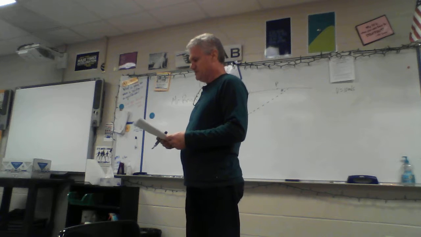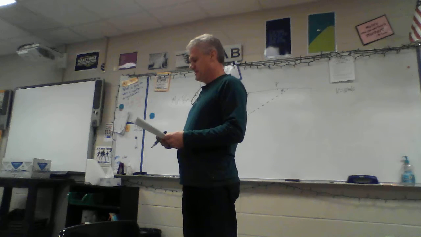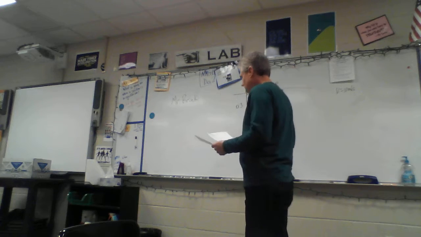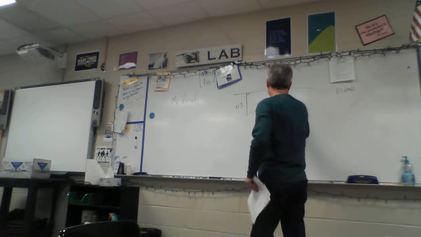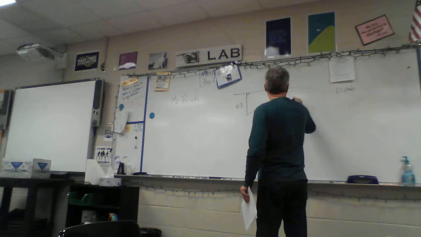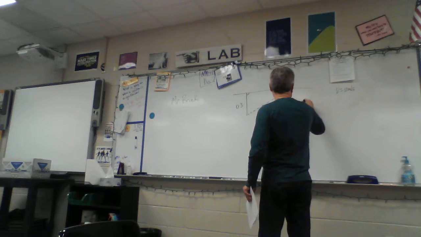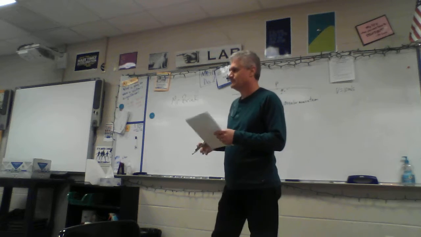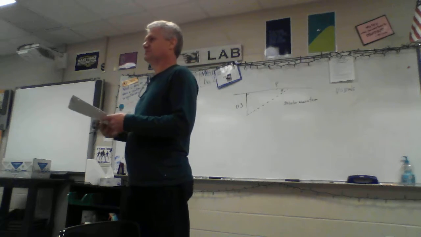All right, A says calculate the dart's angular momentum about O at the instant it passes through point P. So they're talking about angular momentum, and you know what formula is for angular momentum? You know what letter it is for angular momentum?